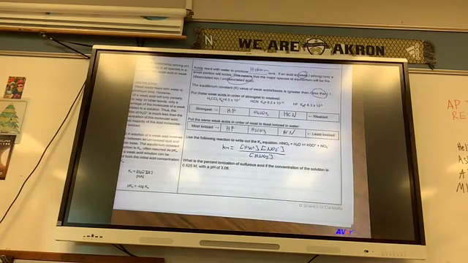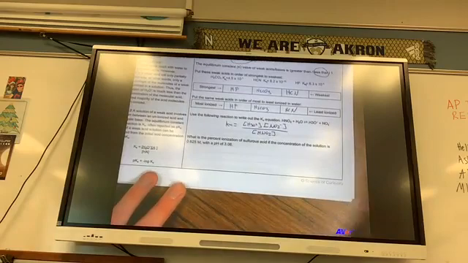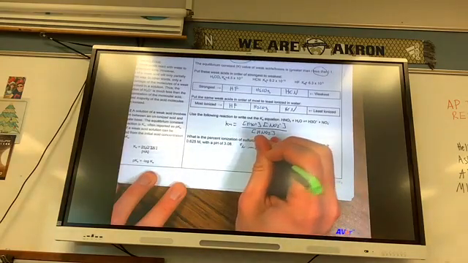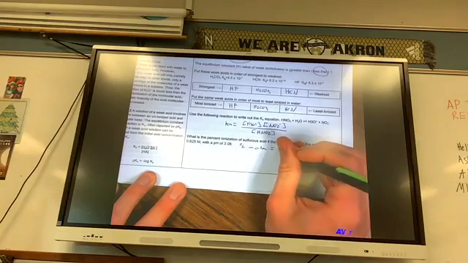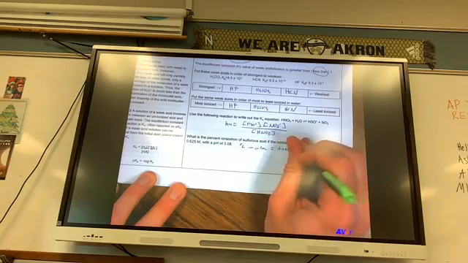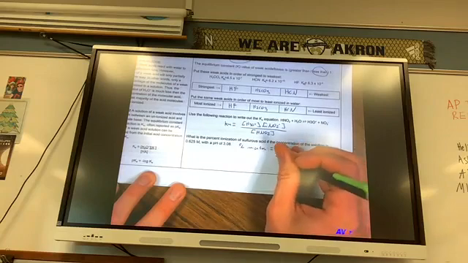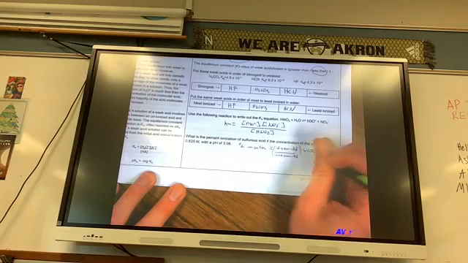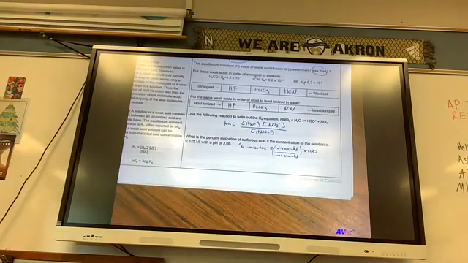What is the percent ionization of a sulfurous acid if the concentration is this molar with a pH of 3.08? So remember, percent ionization is essentially equal to the dissociated divided by the undissociated times 100. We can still get the concentration of H plus from the pH of the weak acid.